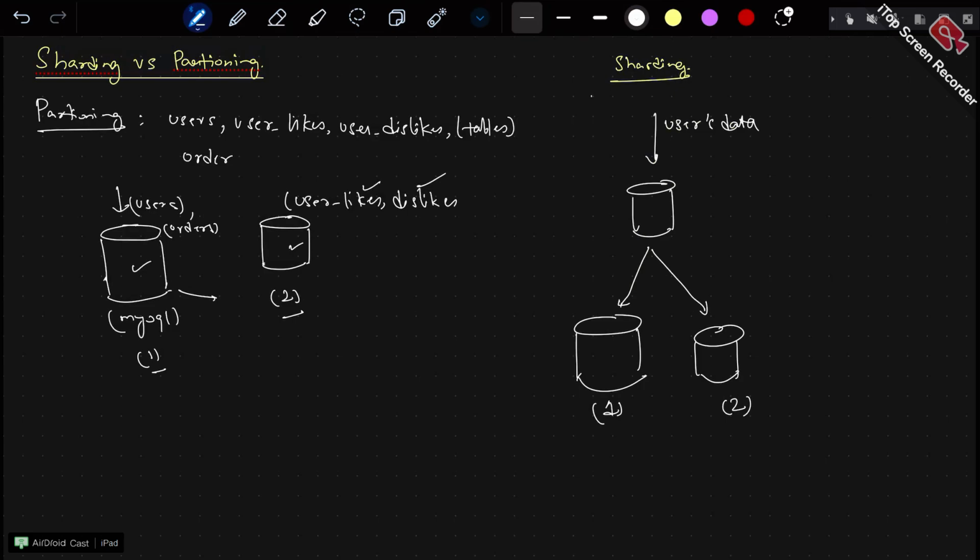Now, if for example you have t amount of data over here, the same data is segregated into two. That means the same table's data is segregated into t1 and t2. So now t is equal to t1 plus t2. Your users' data, half is present on t1, half is present on t2.